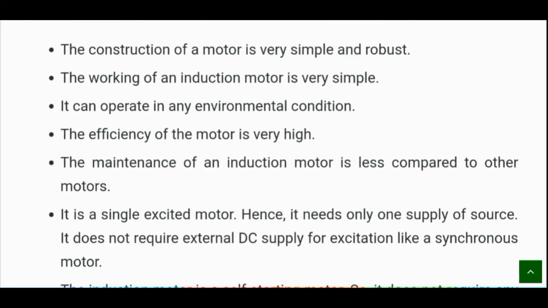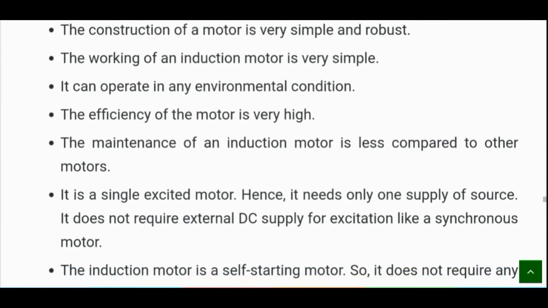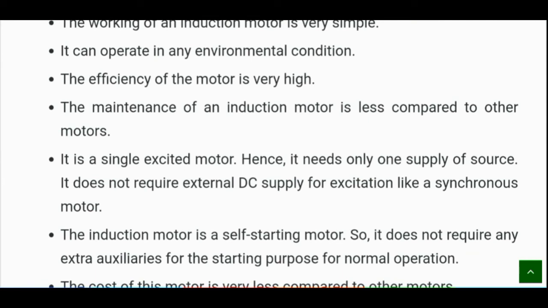The efficiency of the motor is very high. The maintenance of an induction motor is less compared to other motors and very easy. It is a singly excited motor, hence it needs only one source of supply. It does not require an external DC supply for excitation like a synchronous motor.